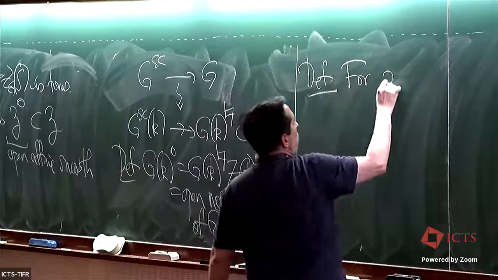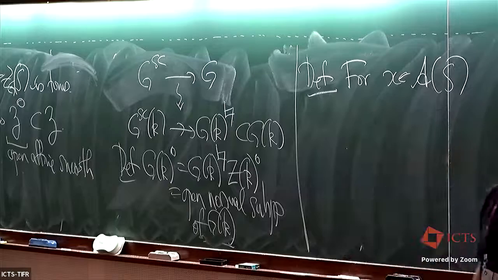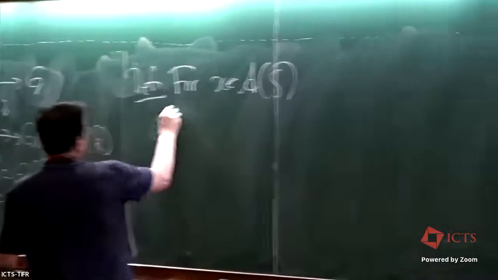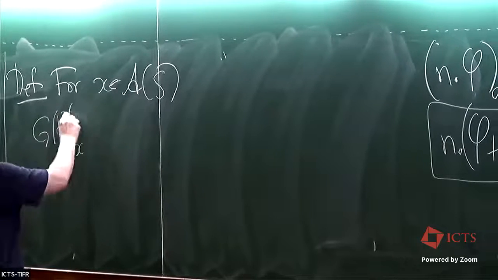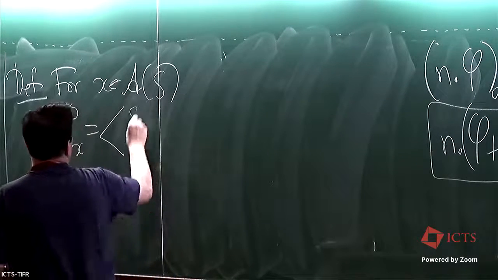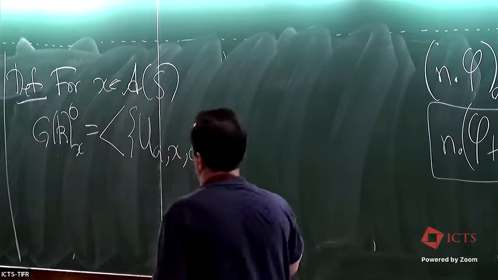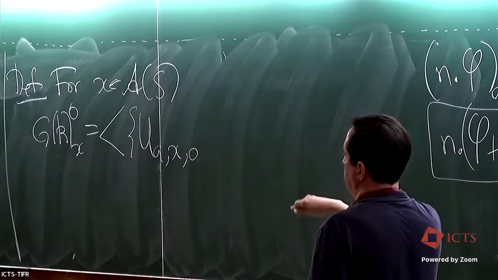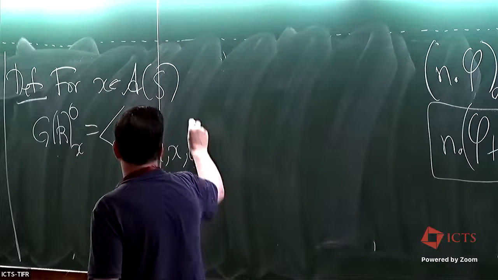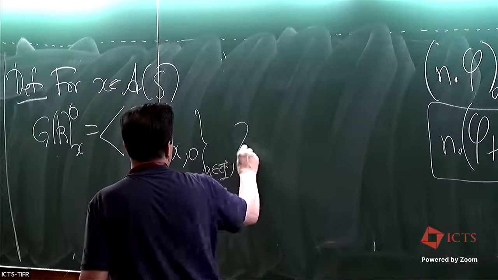If I give you a point in the apartment, which I will now denote by X rather than phi, then I'm going to call GK0 X the subgroup generated by the depth zero, the zero stage filtration in the root groups associated to the evaluation over all roots, together with ZK0.